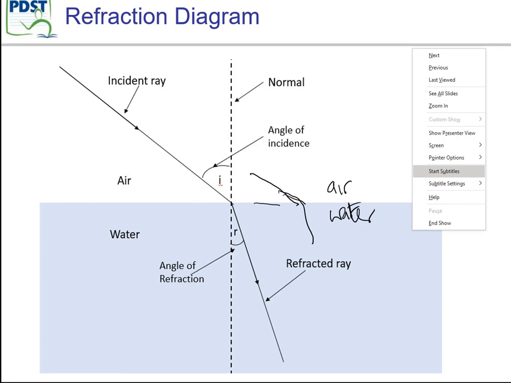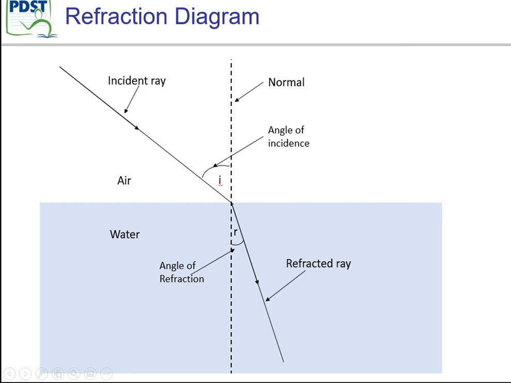Now, if you are drawing diagrams, you are going to have an incident ray, which is this ray. Then you are going to have a refracted ray, which is the ray after bending. Look at the direction of the arrow.